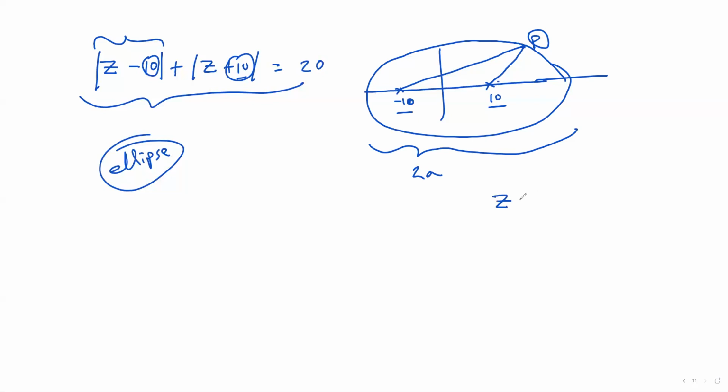So the idea is that the distance from z to focus point number 1 plus the distance of z from focus point number 2 is a constant called 2a, which is the length of the major axis of an ellipse.